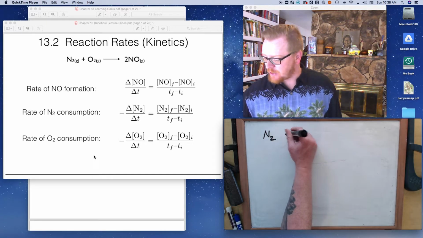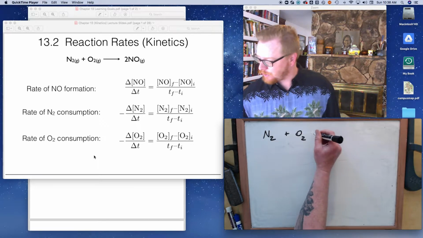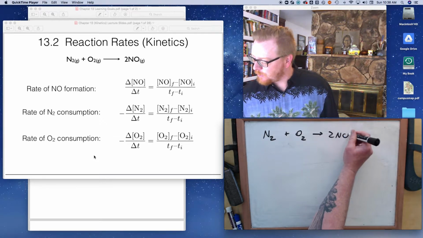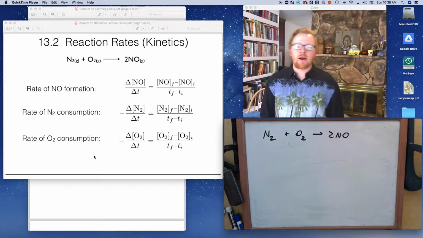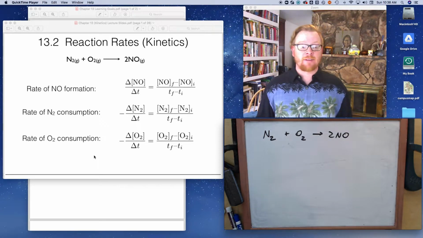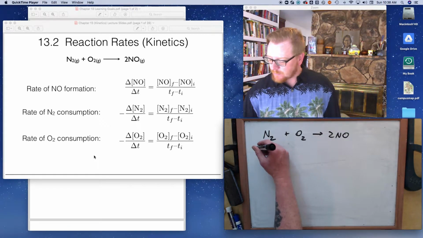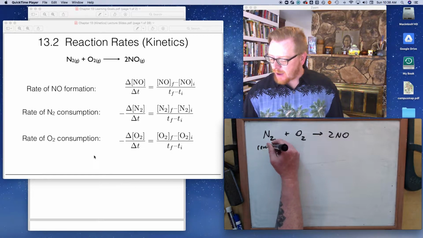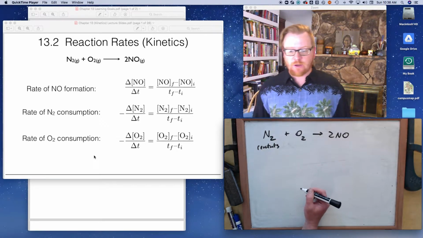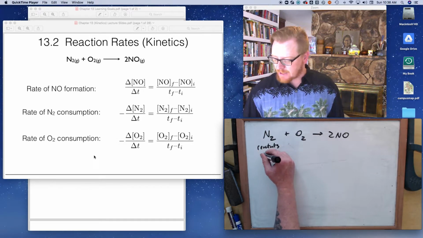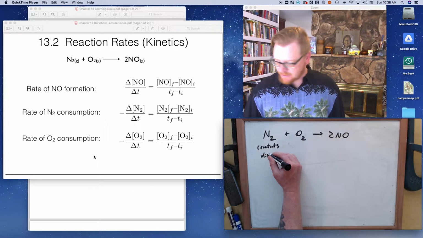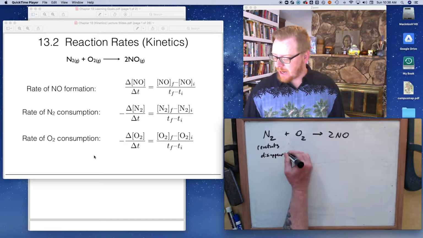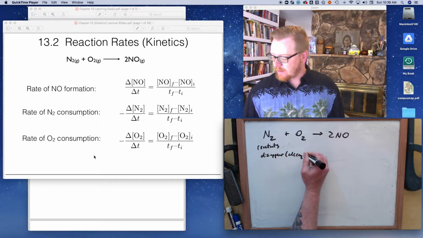So this is the reaction of N2 with O2 to make 2NO. And an important thing to establish here in this chemical kinetics, and this might be kind of obvious, but still, we're going to start from the beginning. Reactants disappear, and so sometimes we call that decay.